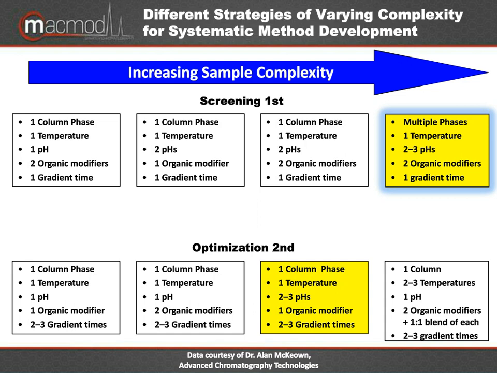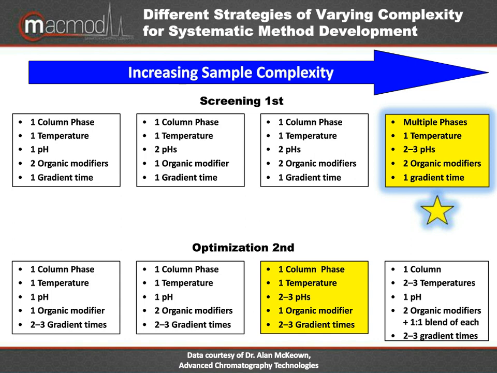However, as your sample complexity increases, it's prudent to consider one phase that does well in terms of peak shape for your analytes and one temperature, and maybe you try two pHs, one or two organic modifiers, etc. In the far right box that I've highlighted here, you might consider using two or more phases, maybe one temperature, 2 or 3 different pHs or more, and 2 organic modifiers.